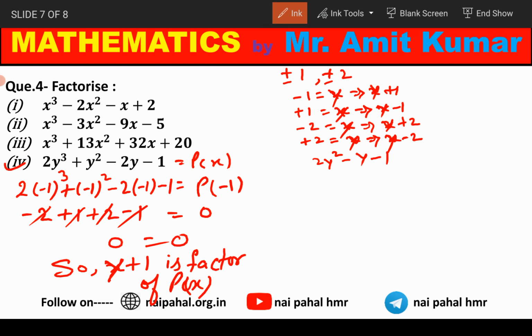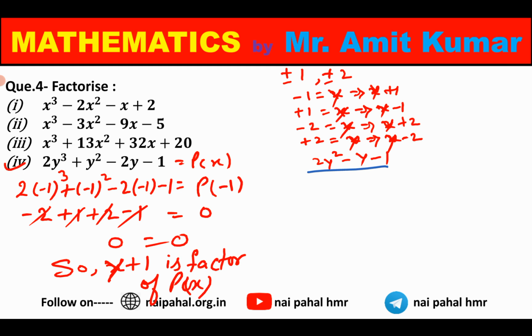So here you can see minus 2 plus 1 plus 2 minus 1 is equal to 0. So x plus 1 is a factor of the given polynomial p(x).